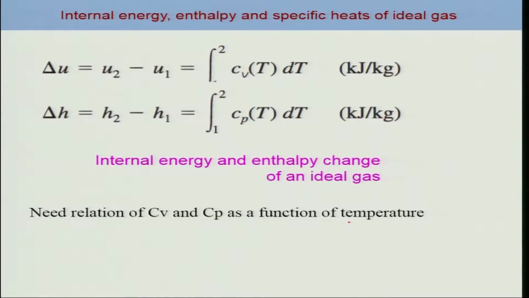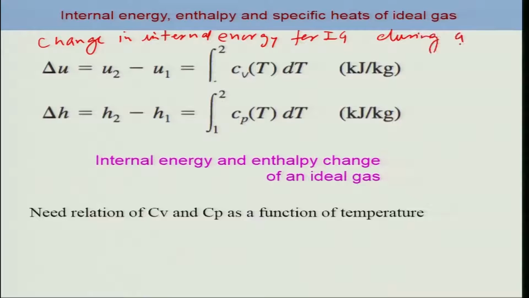Now given that expression, you can easily integrate. So this would be your change in internal energy for an ideal gas during a process from state 1 to state 2.